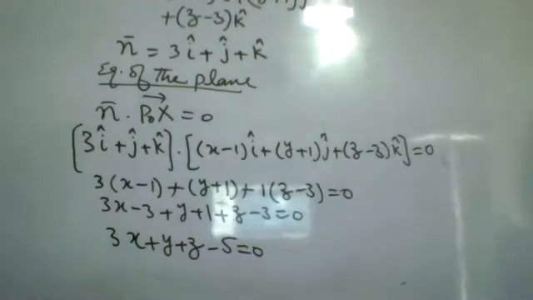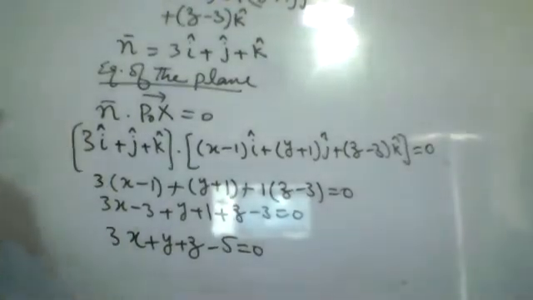The plane through the 3 points. When the 3 points are given, how to find the plane? When the 3 points on this plane are given, this is the plane, the board is a plane.